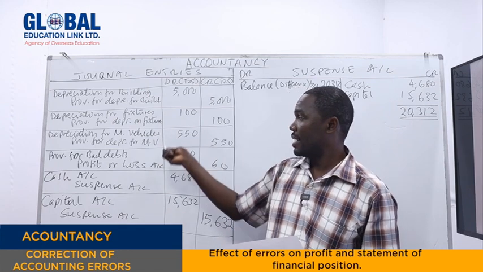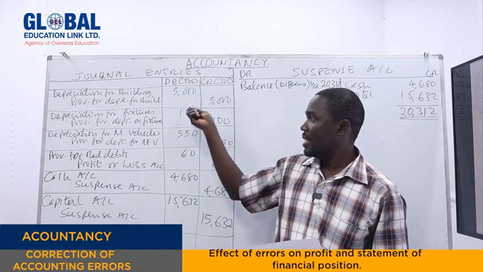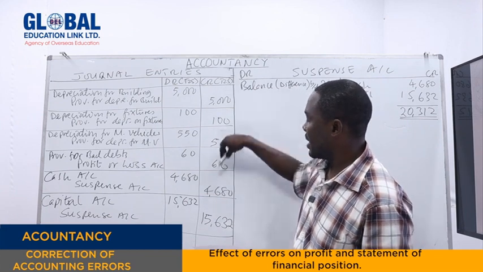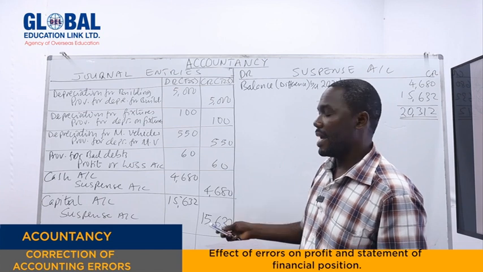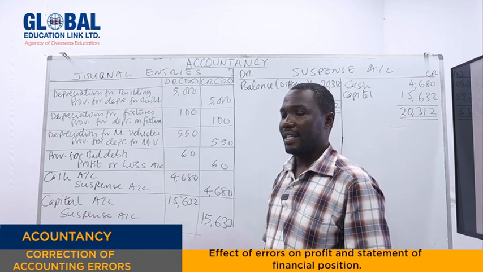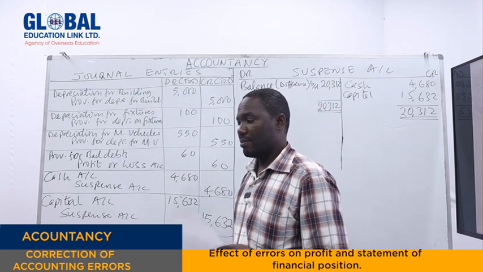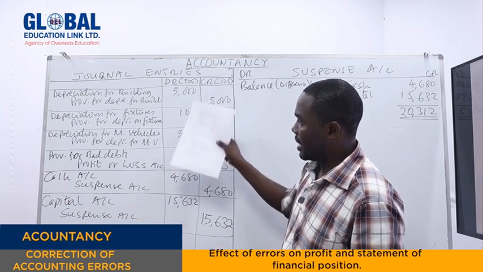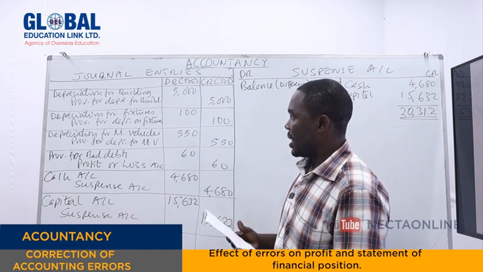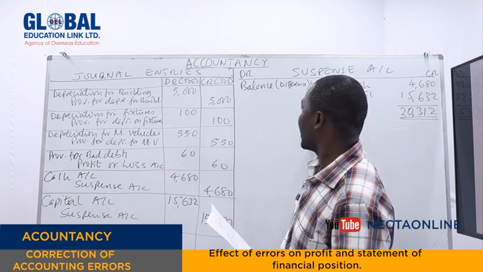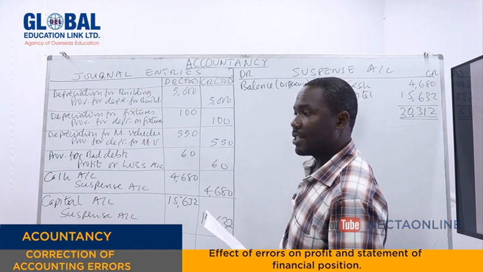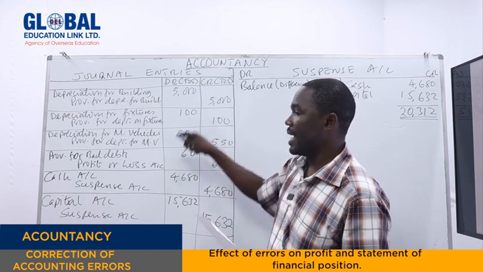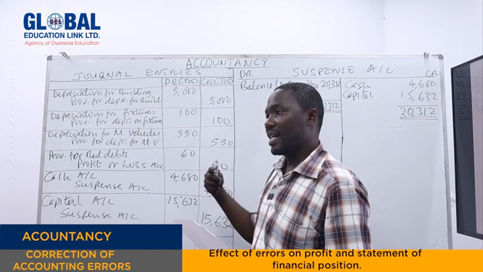So if you have corrected properly, the easiest way is just to consider the items that affect the net profit by either increasing or reducing the balance. So we'll have only three major items. The item that will be clearing the suspense, to eliminate the suspense, and you have items that will be corrected.